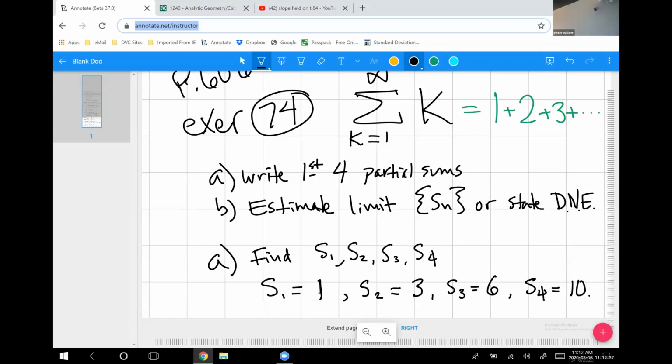S sub 3 says add up the first 3 terms of the sequence. So if we look at the sequence up here in green, then S sub 1 is just the 1. S sub 2 is the 1 plus the 2. S sub 3 is the 1 plus the 2 plus the 3. Yeah, that makes sense. Because you're adding up the first 3 terms.